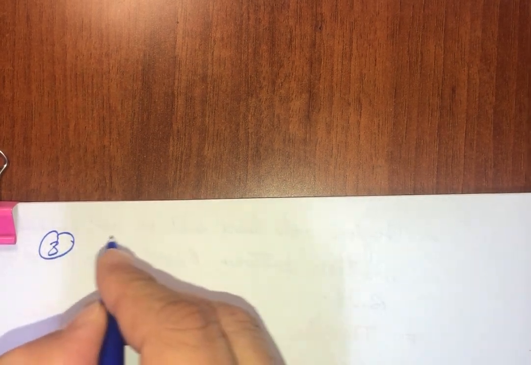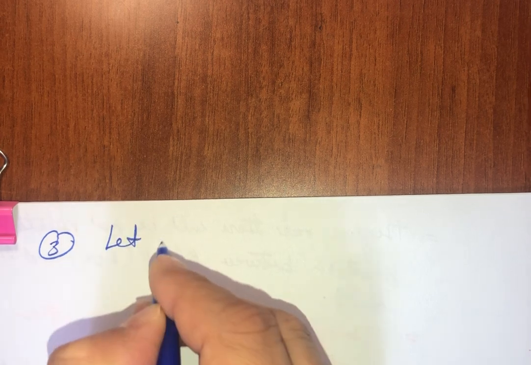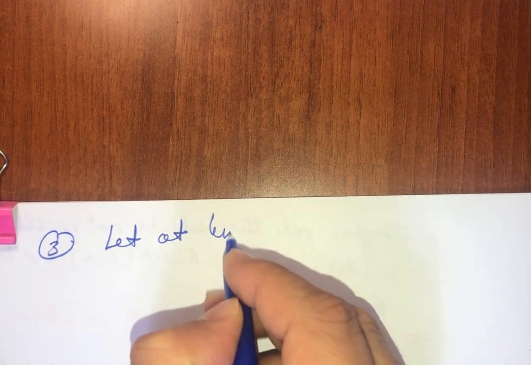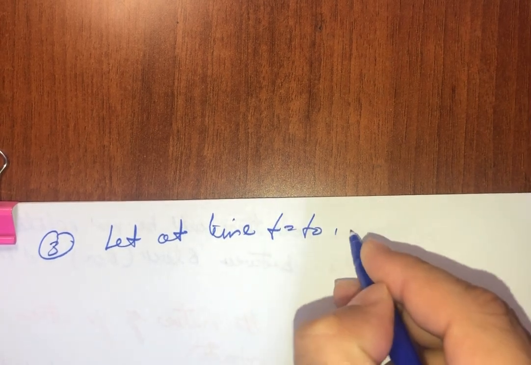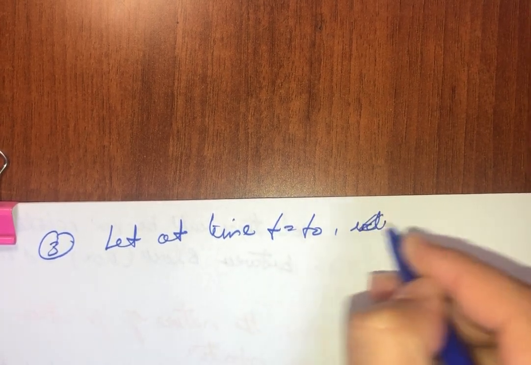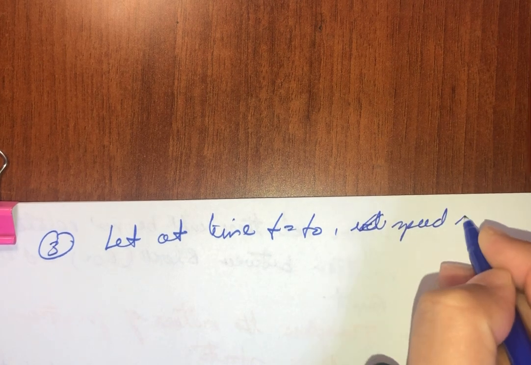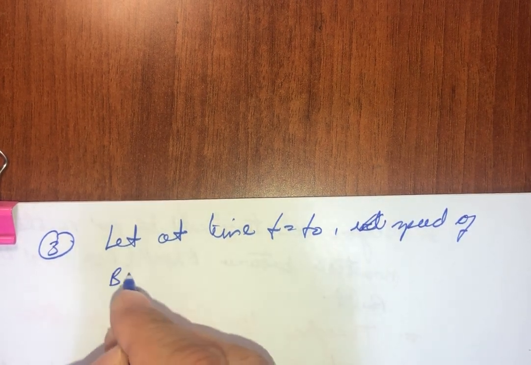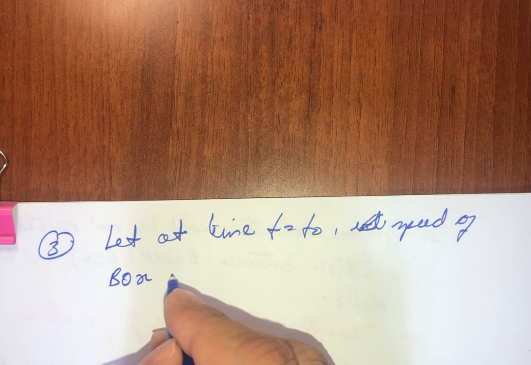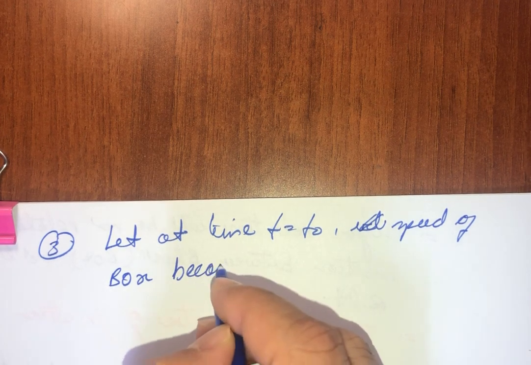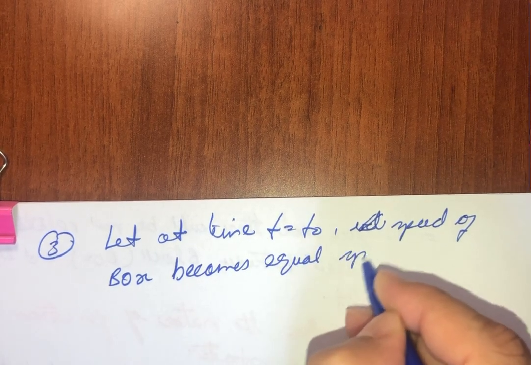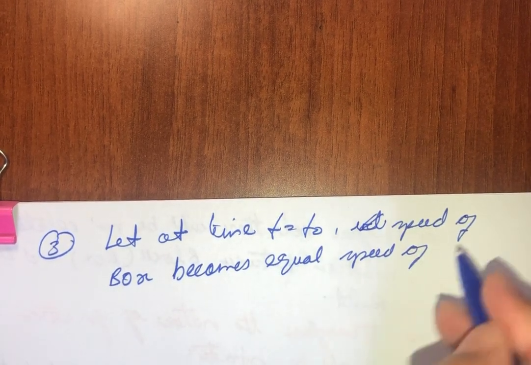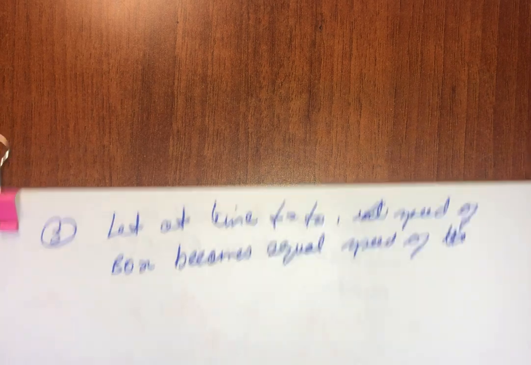Okay. So let at time t is equal to t naught, the speed of the box become equal to the speed of the belt.